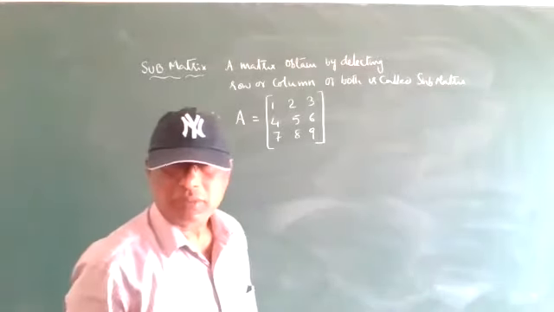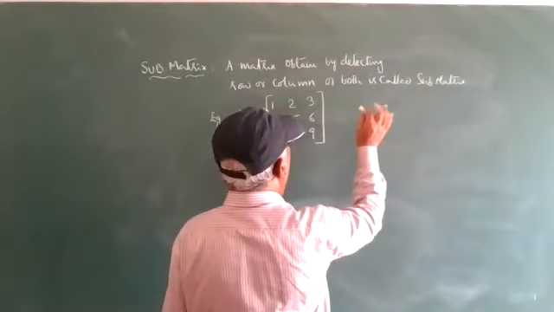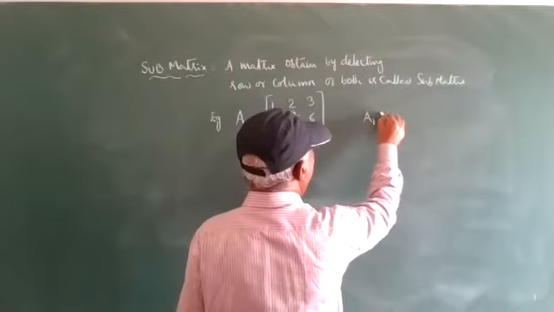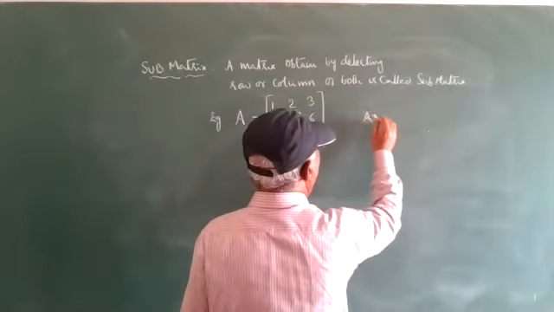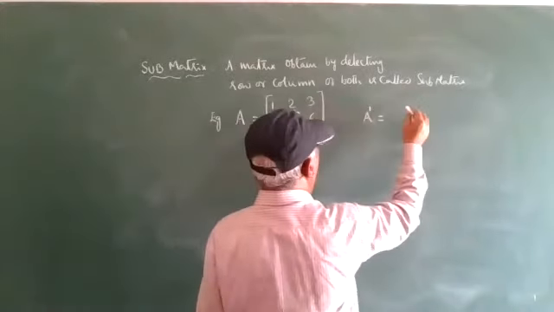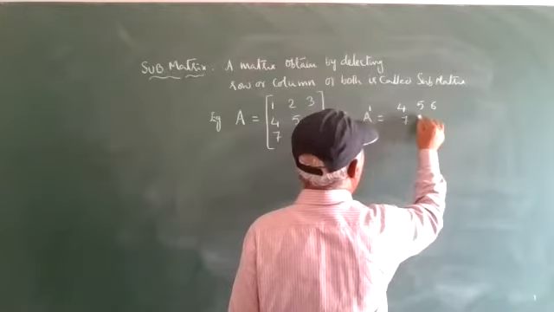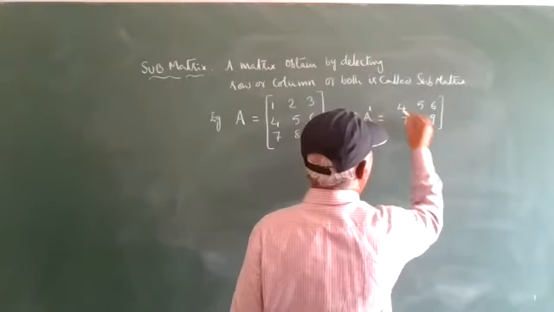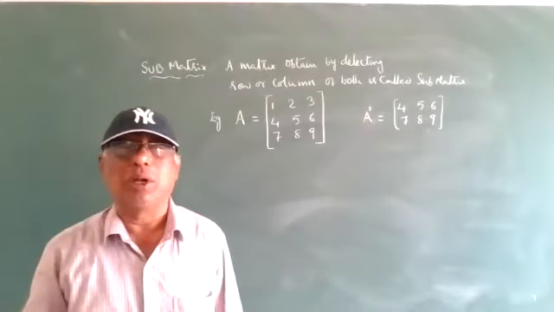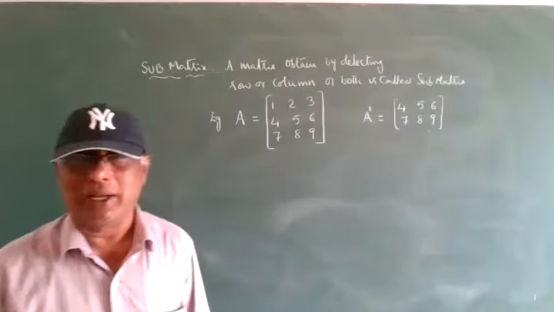Next, delete one row; that is called a submatrix. A dash is a submatrix: delete one row, therefore 4, 5, 6, 7, 8, 9. Deleting one row or one column or both gives a submatrix.